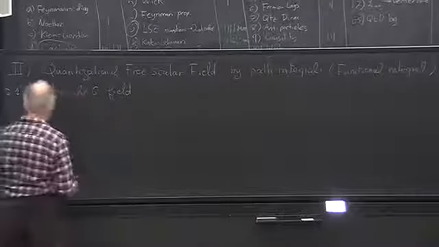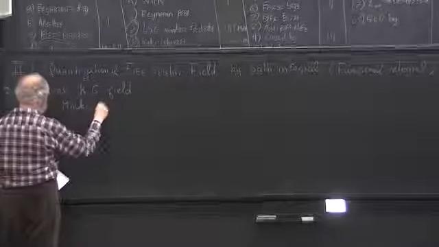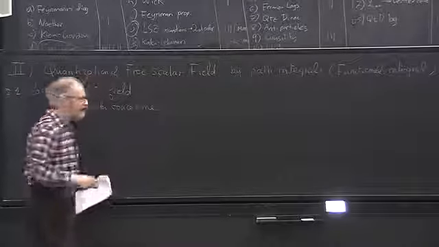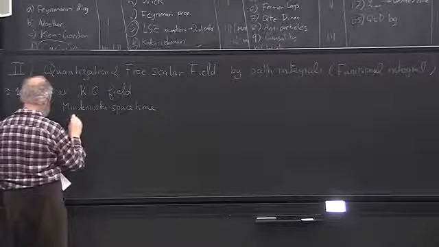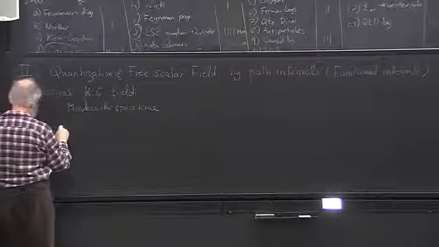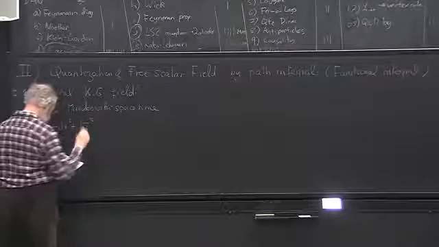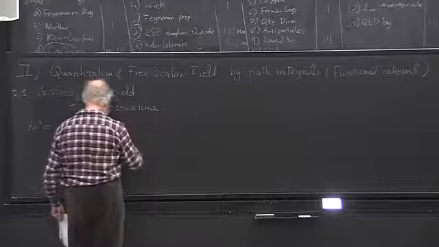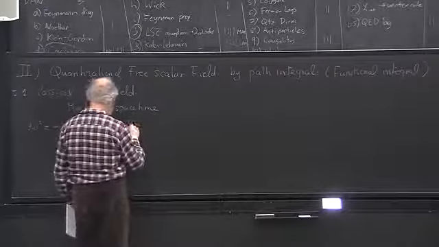Okay, so we have first Minkowski spacetime. Since this is a relativistic theory, the metric is ds squared equals minus dt squared plus dx squared. Or if you prefer, you can write this 4-coordinate as t and x.